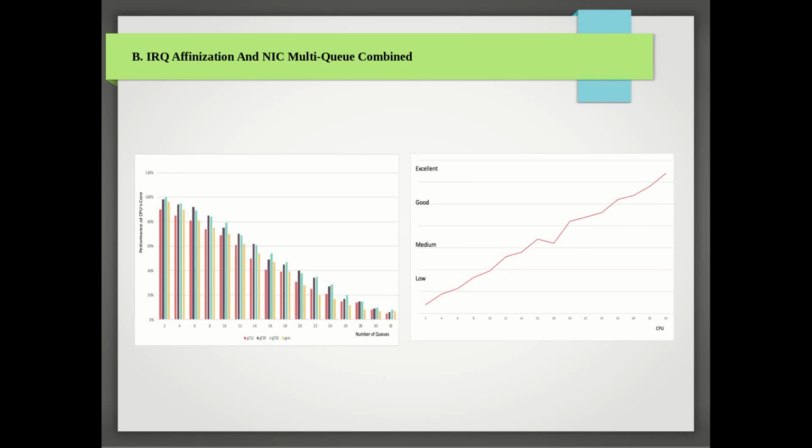One of our experiments is based on limiting NIC IRQ optimization between the NIC queue and CPU core. In some NICs, we can control the network driver and hardware settings using ethtool.